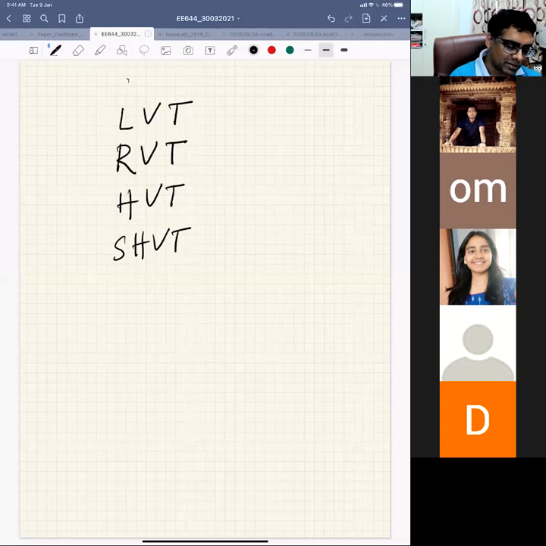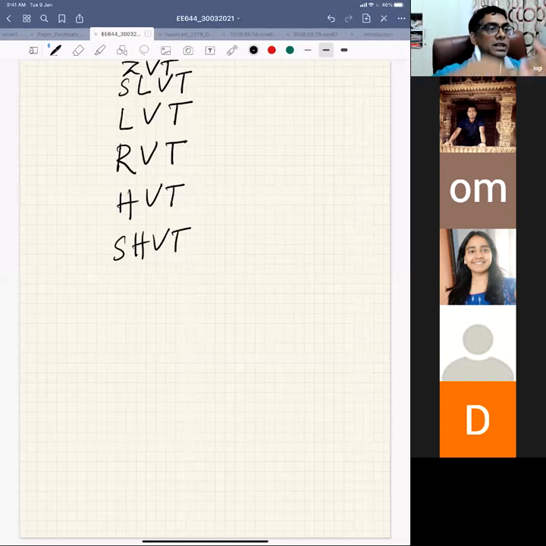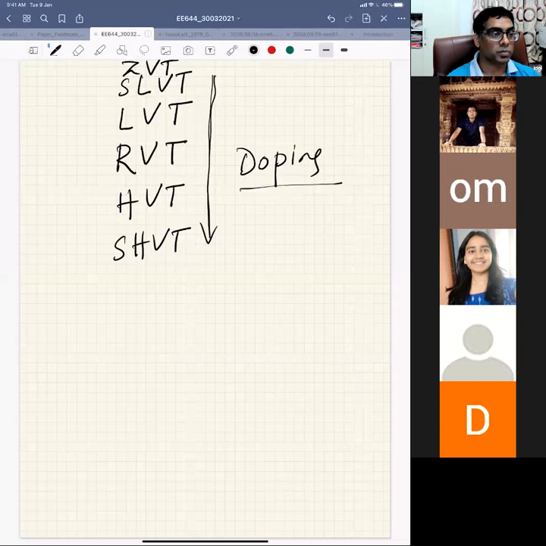Sometimes we have super low VT transistor and sometimes zero VT transistors. So there are different transistor flavors we get in a technology. The only thing which is changing here is the doping.